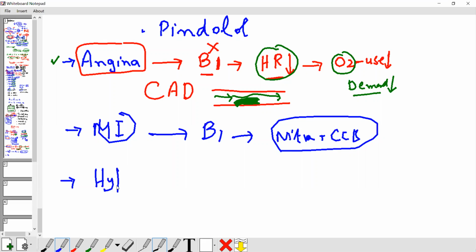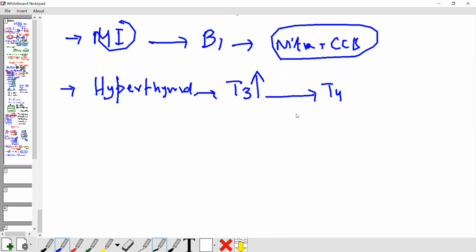Beta blocker used for hyperthyroidism. Hyperthyroidism: very high level of T3. If you remember physiology, T4 changes to T3. How does T4 change to T3? By the enzyme deiodinase.